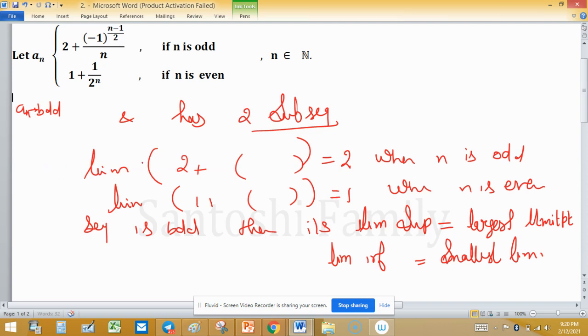As for the subsequences, this one is going to 2 and this one is approaching 1. It means this is the largest limit. So limit superior is 2 and limit inferior is 1.